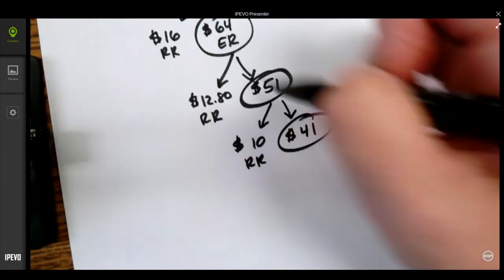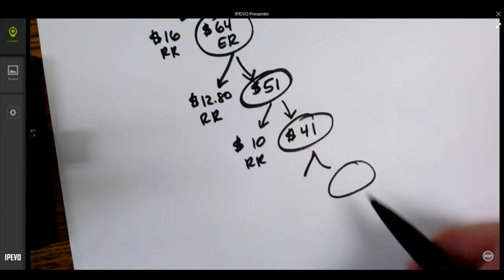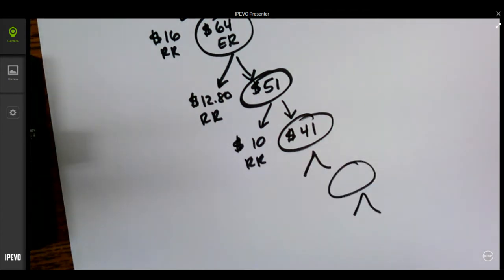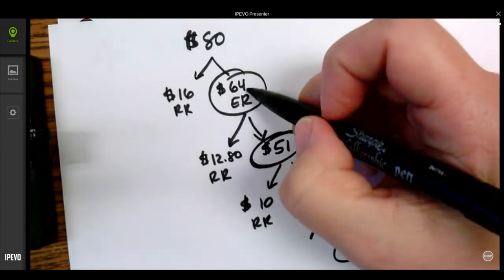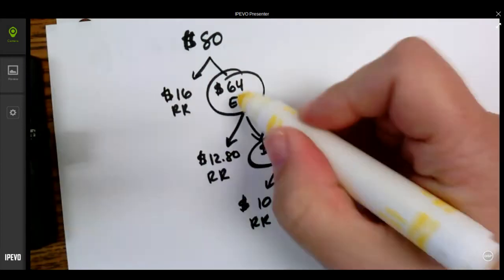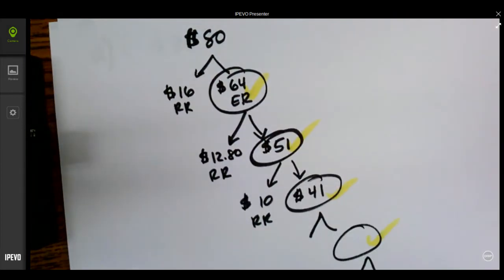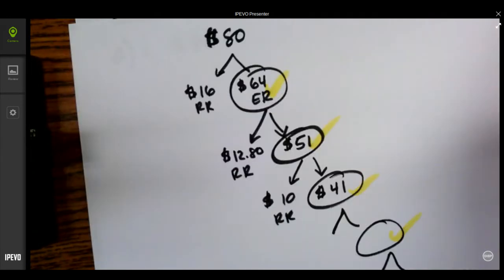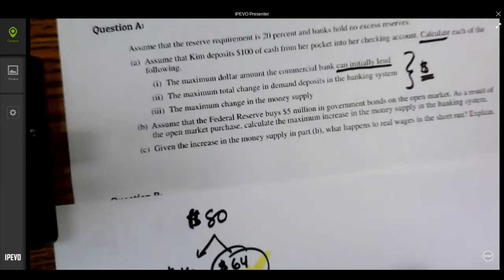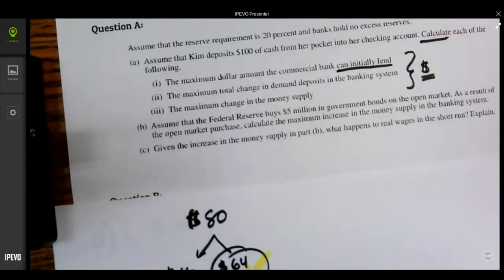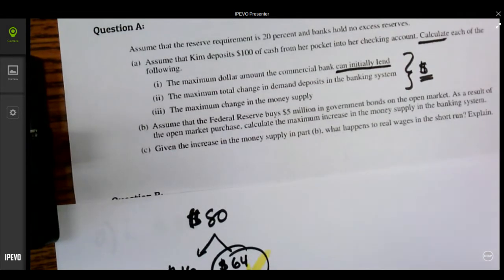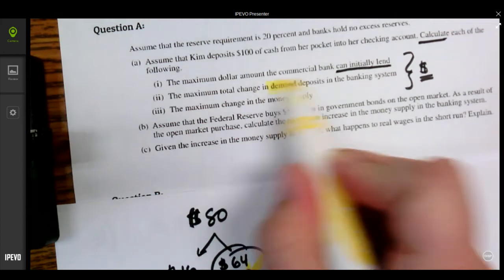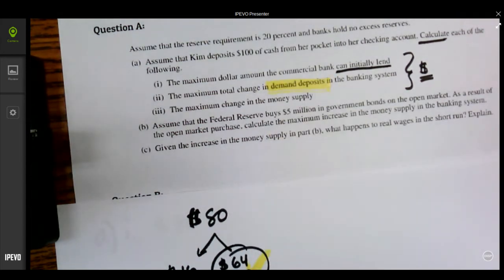Rather than continuing to do this until we can't anymore, we know there's a more efficient way to add up all these different deposits, and that is called the money multiplier. For this part of the question, you need the money multiplier and your knowledge of what the phrase demand deposits means. Demand deposits are all those checking accounts, right?